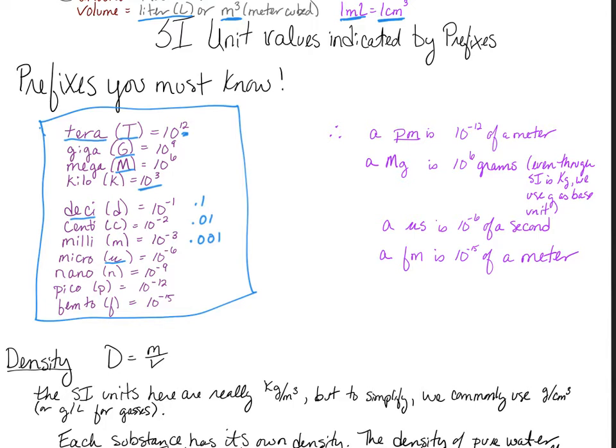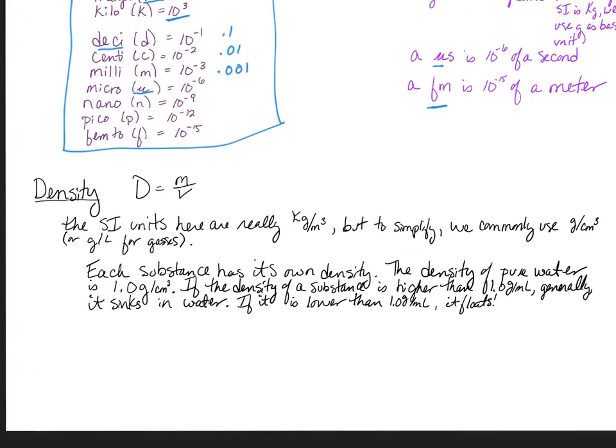Mg, megagram, is 10 to the 6th grams. I know that kind of sounds weird, like a megagram, but that could really, really, truly happen. Microsecond, that's what this little guy means right here, is 10 to the minus 6th of a second. And a femtometer, or fm, is 10 to the negative 15th of a meter.